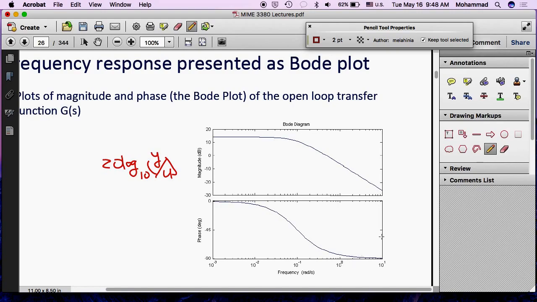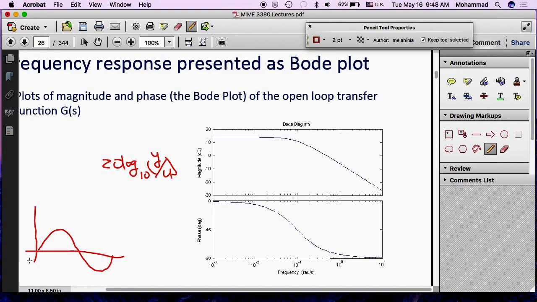So if this is a sine, let me plot a typical sine wave. So 0, 90. If you have 90 degrees of lag, it means that your input is here, but your output is down here.